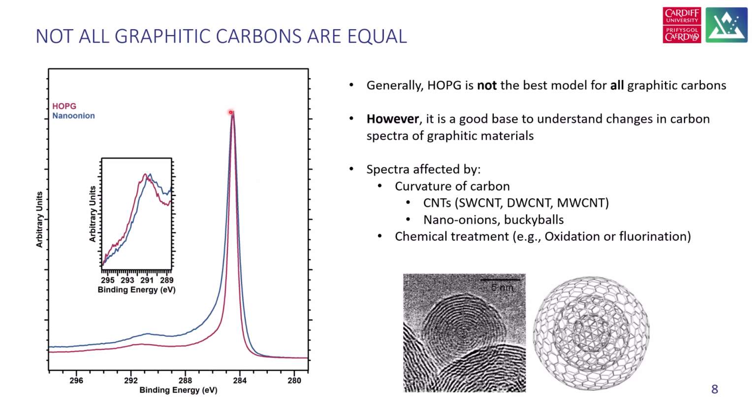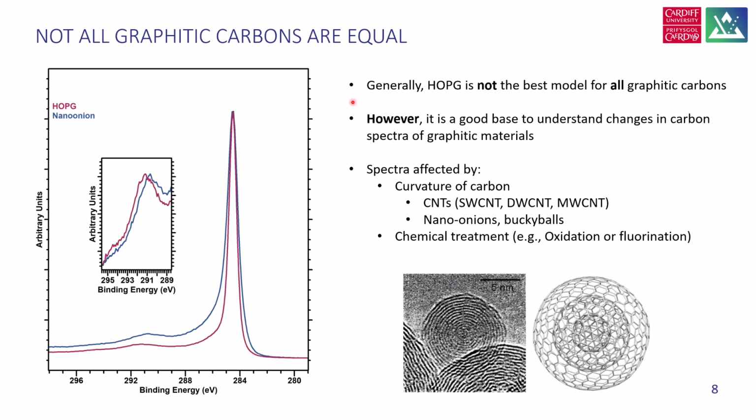Whilst they both come in at a binding energy of about 284.5 electron volts and have this pi to pi star structure, the nano onion spectrum, displayed in blue this time, is much broader, and there's a slight difference in the positioning of the pi to pi star transitions as well. So what we can take from this is that HOPG is possibly not the best model for all graphitic carbons. However, it is a good base to understand changes in carbon spectra of graphite or graphitic materials in general.